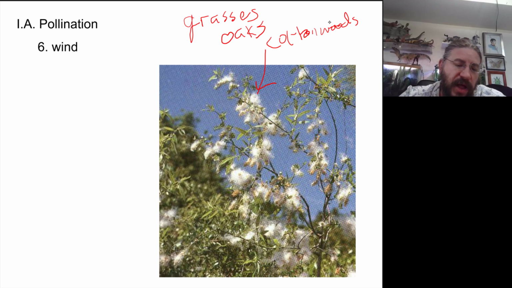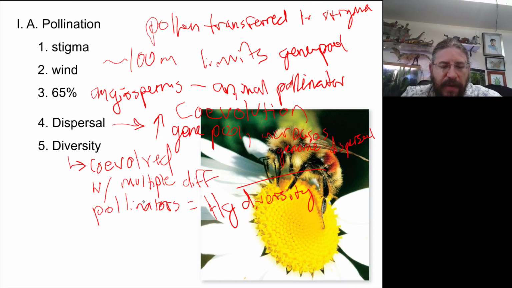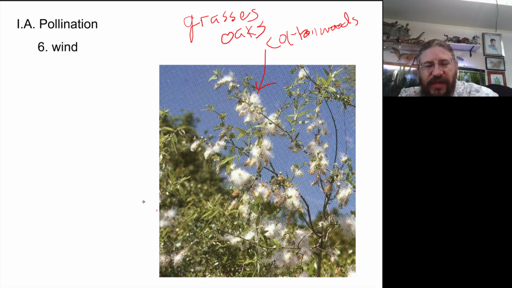Animal pollinators are by far probably the biggest, most effective adaptation there. But if there isn't a huge evolutionary pressure to expand the gene pool, grasses and oaks tend to grow in very windy environments, especially grasses, the prairies.